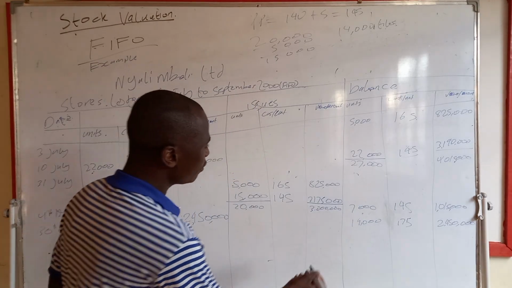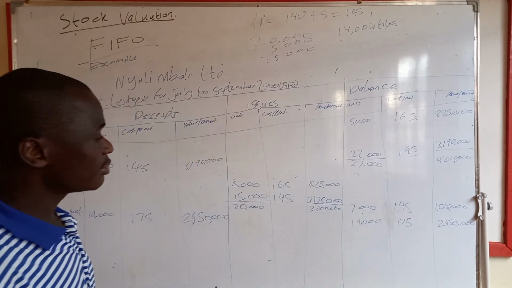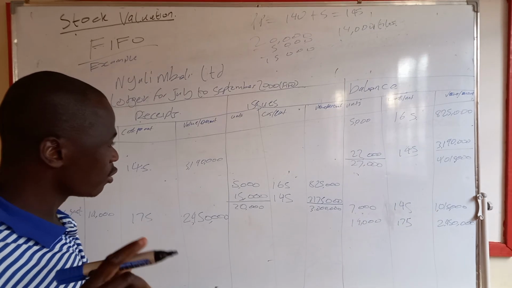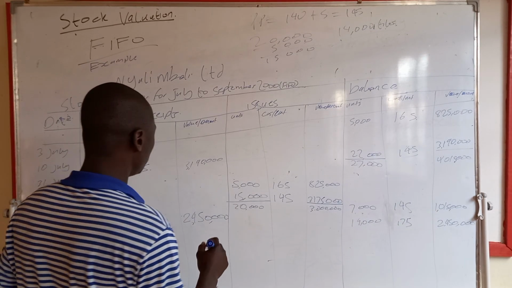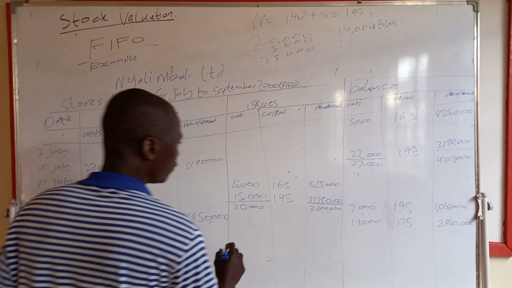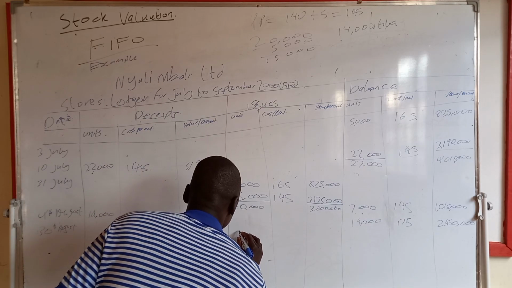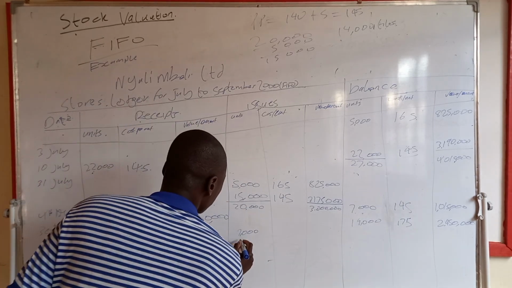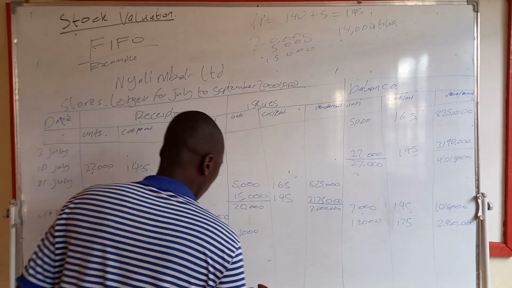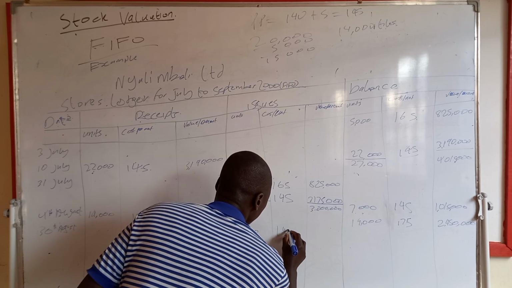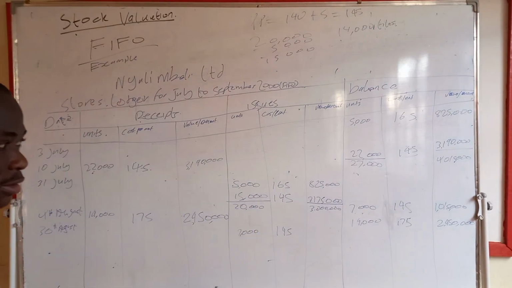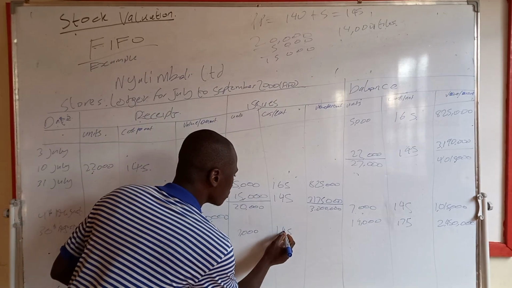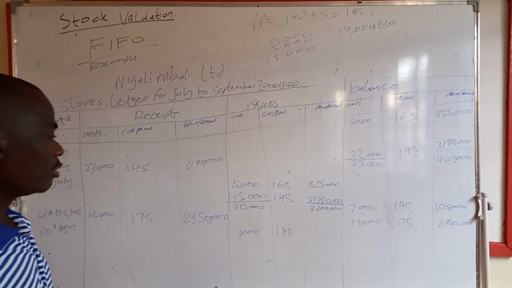First, we have 7,000 tires in our store. So that's what we are going to issue first. At the issue, what we issue first is 7,000 tires. At what cost? 145. That's the cost. What is the total?